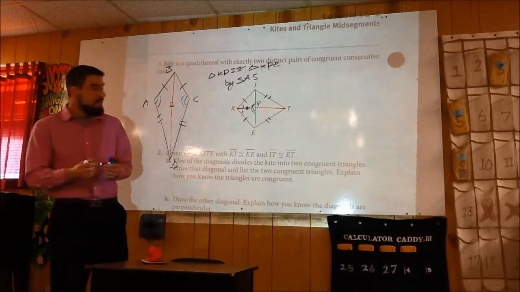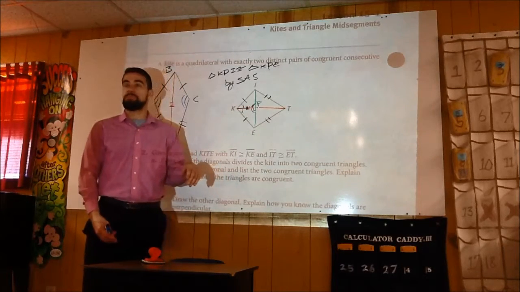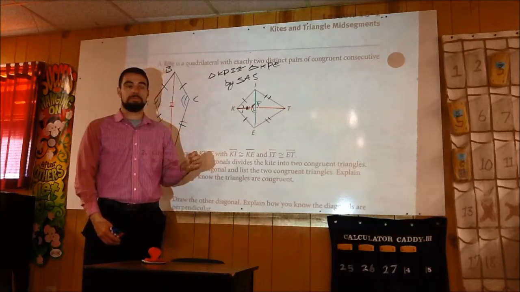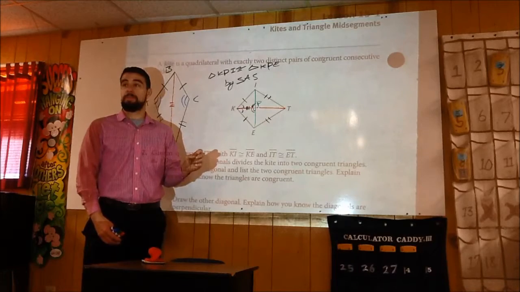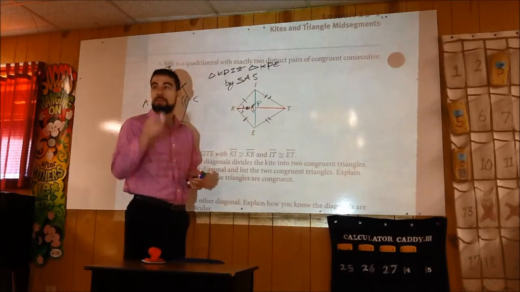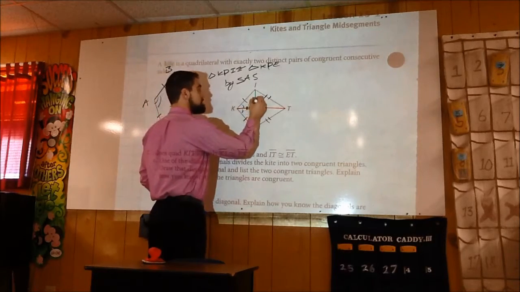So we did that. What else is happening with this diagonal IE? What's up, Greg? It's bisected by the other triangle. It's being bisected. How do you know that? Because the triangles are congruent, so all the parts are congruent.